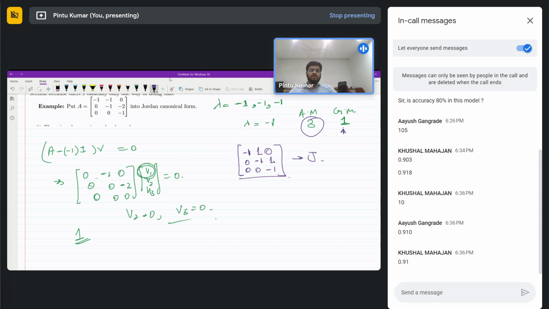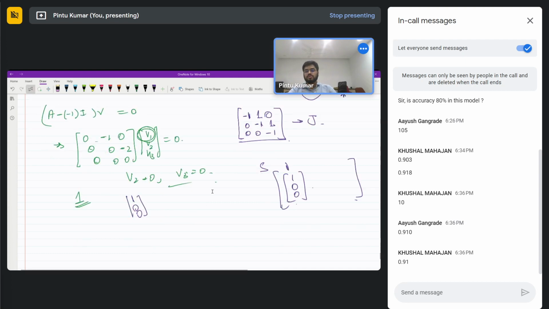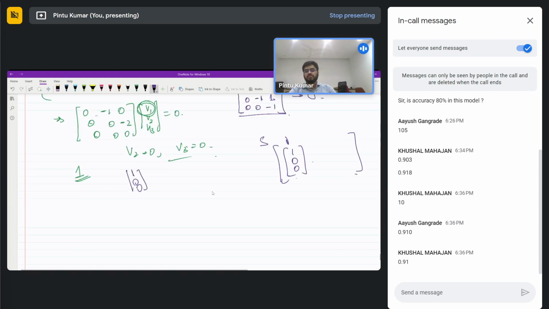And to calculate the S, you can calculate the eigenvector, that is 1, 0, 0 here. So 1, 0, 0 can be the first column of S. And for the rest of the two, you can find the generalized eigenvectors. So you can straight away do that. This is (A minus lambda I) times v should be equal to this 1, 0, 0.